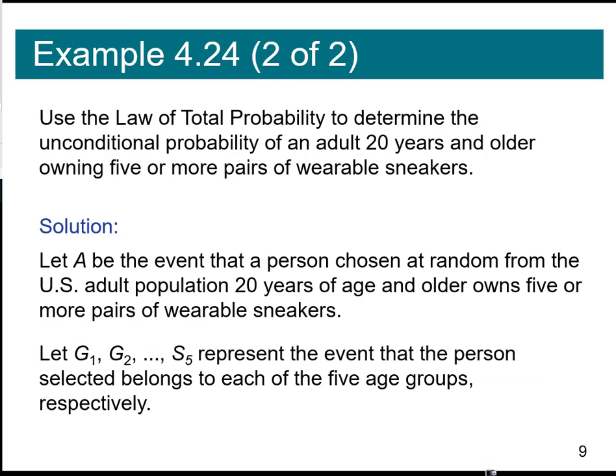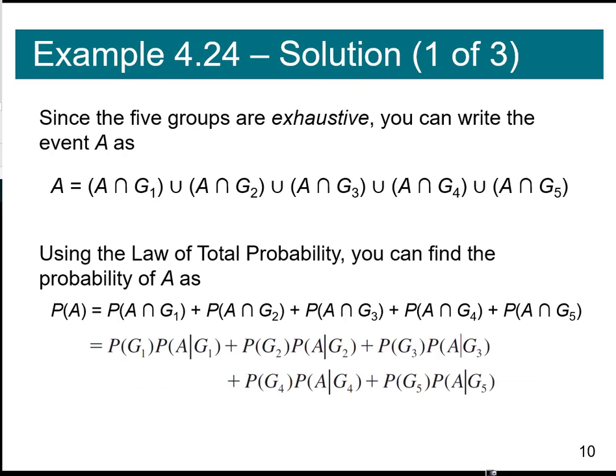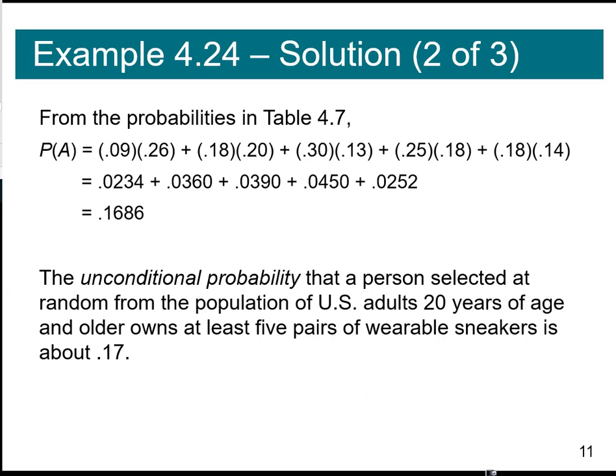And that will give us something like, here instead of S's, now we have this, and we have this. So they are the partitions. And so we get this expression for the probability of A. And from that table that is not that clear, we can pull out these probabilities to get an answer for the probability of A.